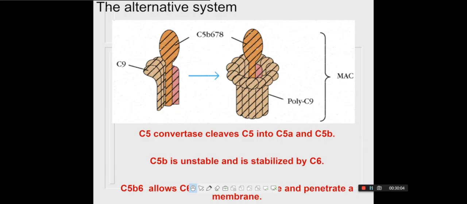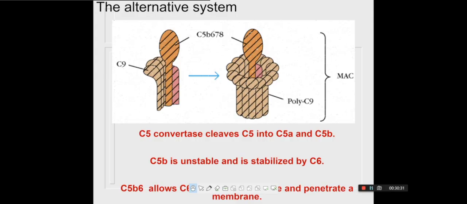So what happens in the alternative system? When C3 convertase is activated, it activates the C5 convertase. The C5 convertase activates C5, and we already know that C5 will be cleaved into C5a and C5b. C5b is unstable and is stabilized by C6.